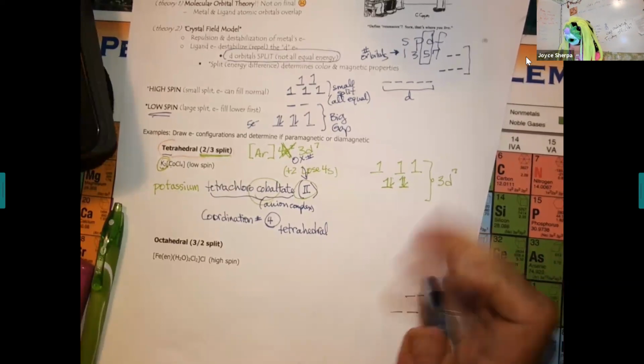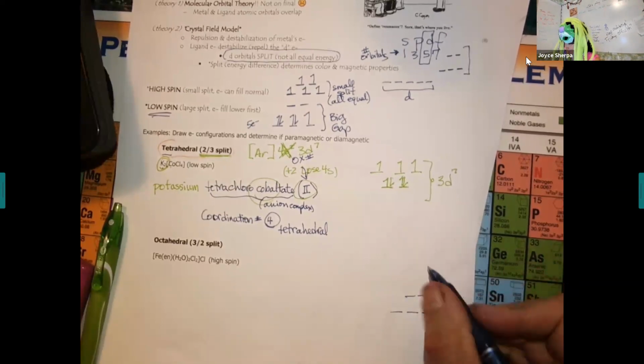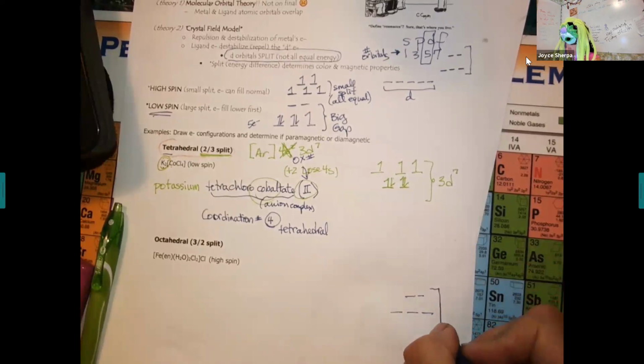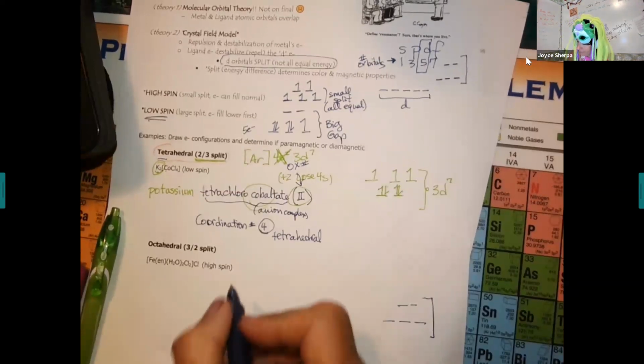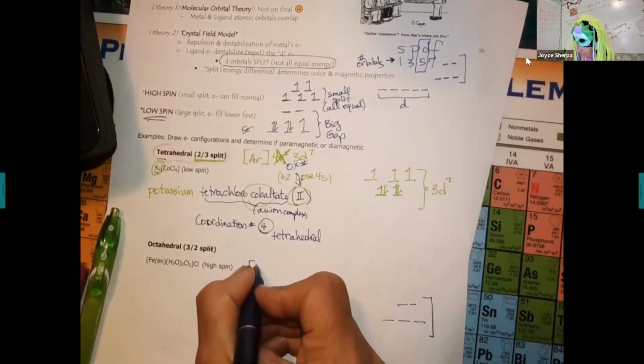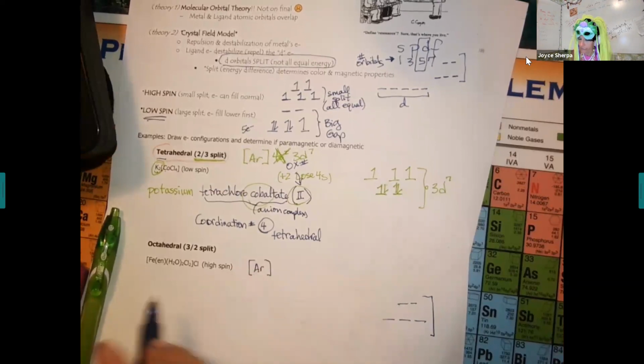So it's not going to matter. So pick your favorite thing to do. So we have to figure out the charge of the iron. We'll do the charge, and then we'll do the whole name.